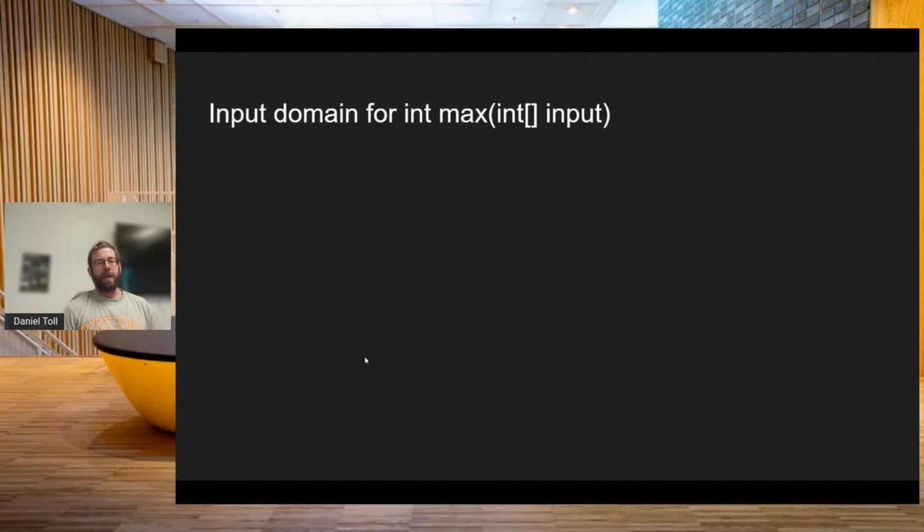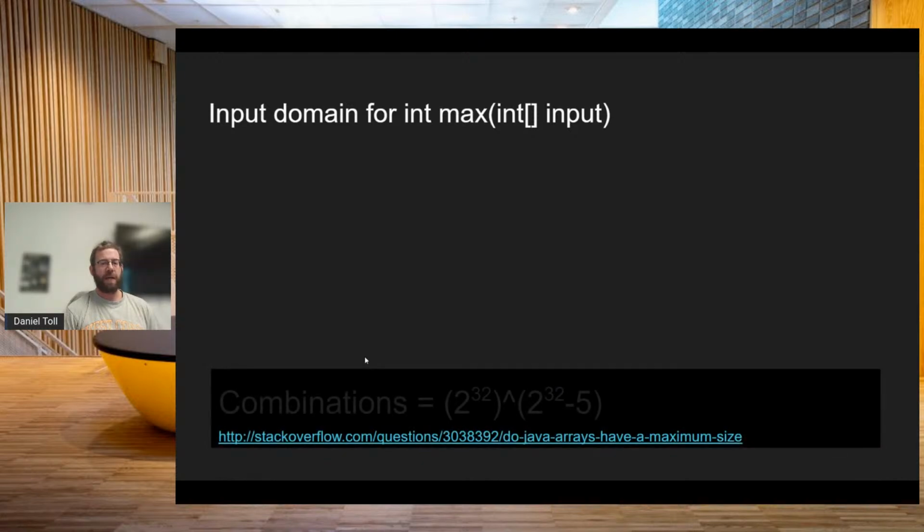Okay, so for int max, we've looked at different inputs that could be reasonable, and I'm just going to show that, this was not very visible, but the number of combinations for max is super big, right? So an array in Java could be 2 to the power of 32 minus 5 items in an array.